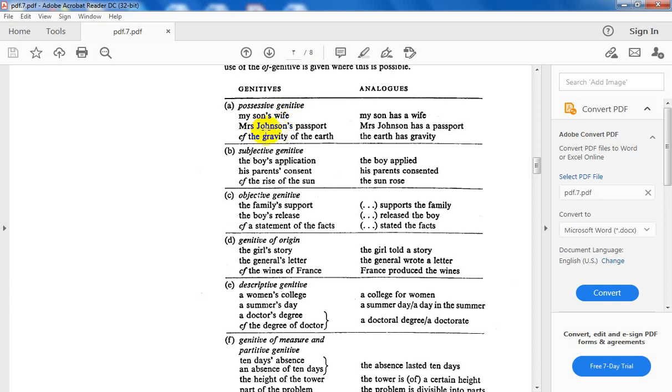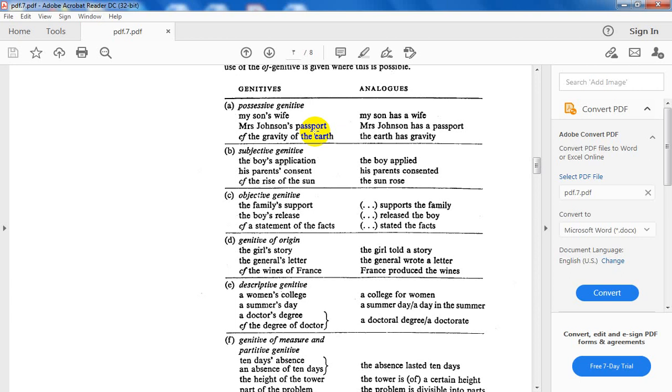Again, I have Mrs. Johnson's passport. Mrs. Johnson's is what? A human person. But passport is not a human. It is inanimate. Okay? So Mrs. Johnson's has a passport. It is okay. But when I say the gravity of the earth, gravity and the earth, they are what?